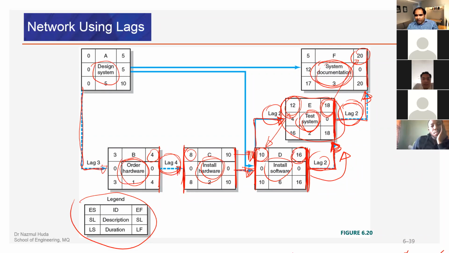Then talking about E, if we calculate ES plus the duration, our early finish would be 14.